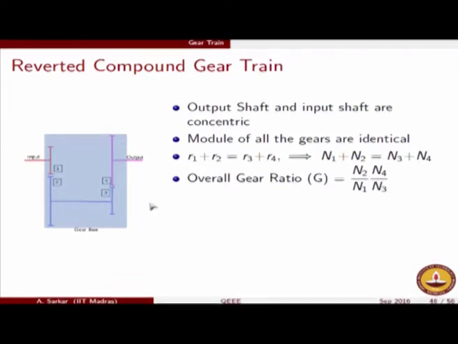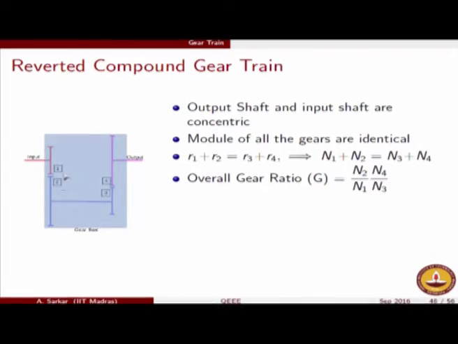Now what is the overall gear ratio? Again, the gear ratio between 2 and 1 is proportionate to the ratio of the diameters between 2 and 1. The diameter ratio is the same as the teeth ratio, which is N2 by N1, because the module is the same. Between 3 and 4, similar analysis tells us that the gear ratio is N4 by N3.